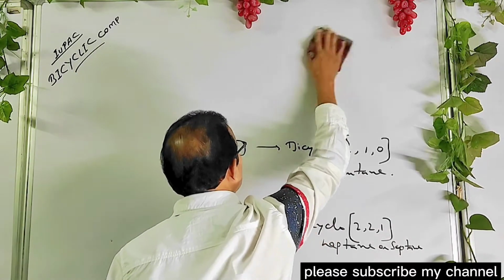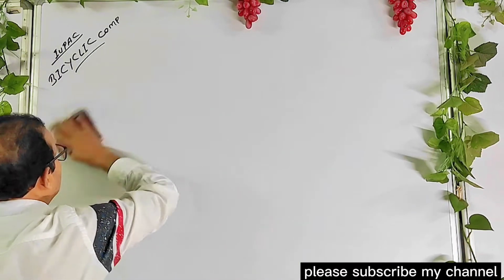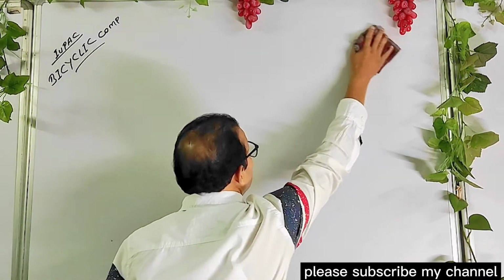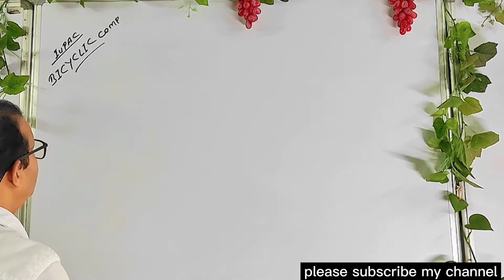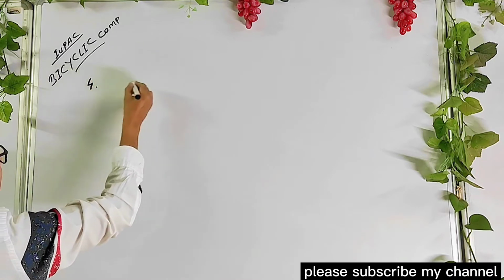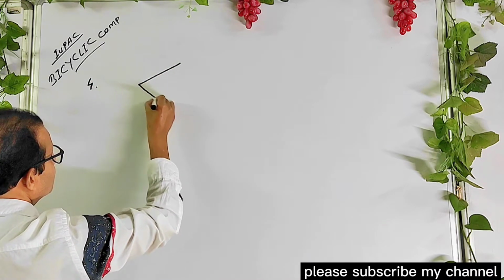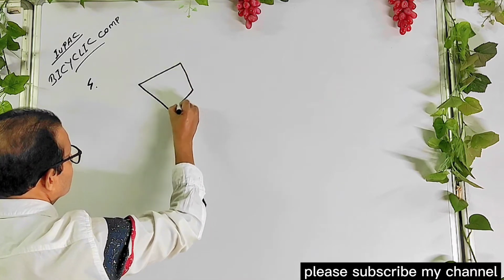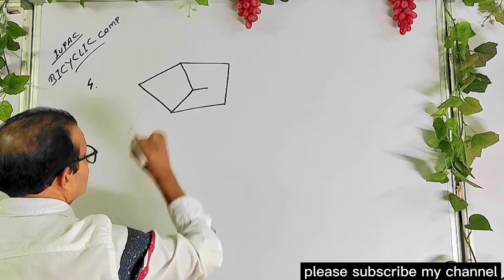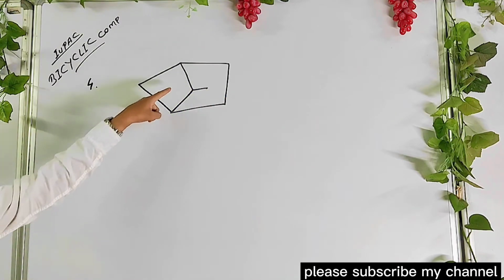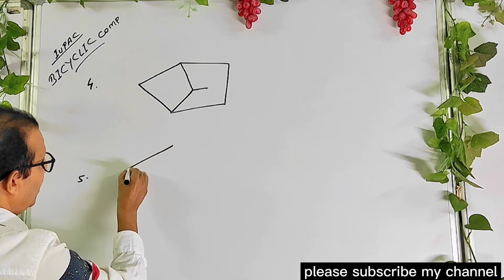The tertiary carbon atoms are called bridgehead carbons, and the bridgehead carbon positions are not numbered in the IUPAC name. So do it. Do the IUPAC name of this compound, and of this compound.